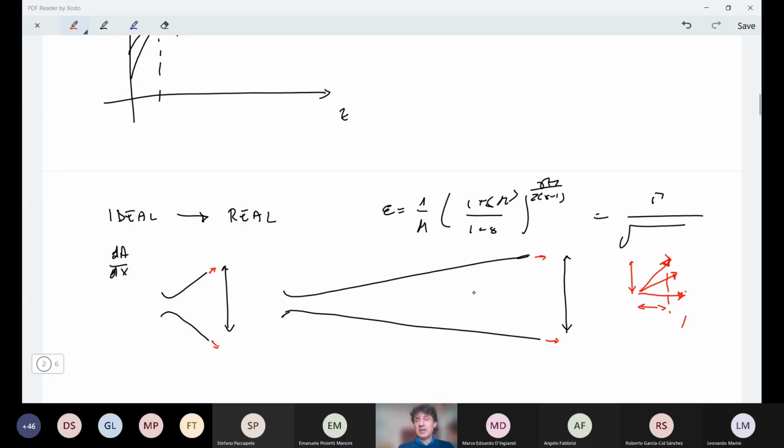Of course, when we made the balance of momentum that allows us to evaluate the forces acting within the nozzle, and so the resulting thrust that we generate, we only made the balance in the thrust direction, that is the axial direction.